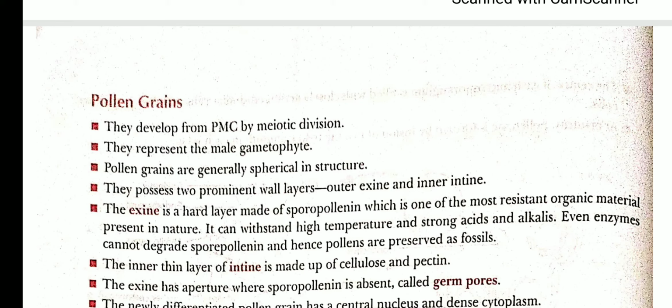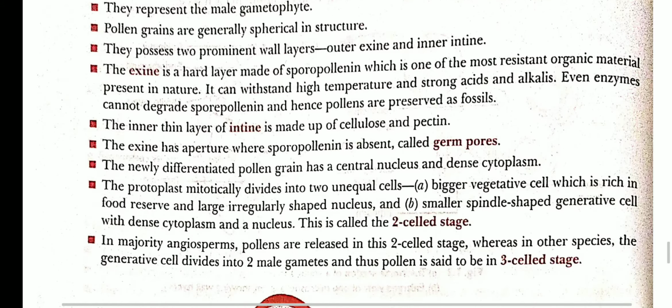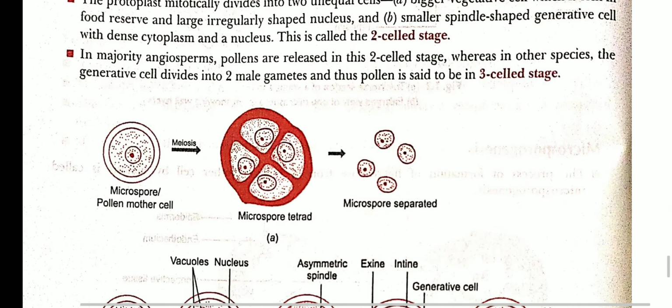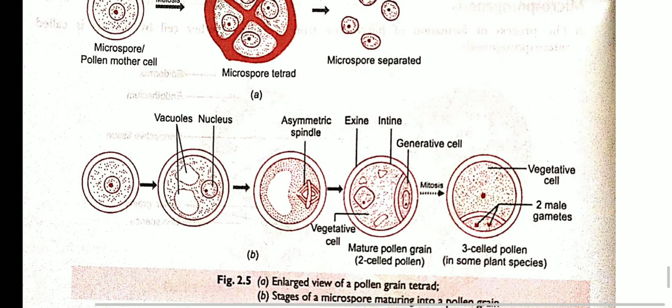The outer layer is the exine and the inner layer is the intine, as shown in this diagram. In the middle diagram B, the 2 layers, the outer exine and inner intine, enclose 2 cells, one the vegetative cell and the other the generative cell with 2 male gametes shown.